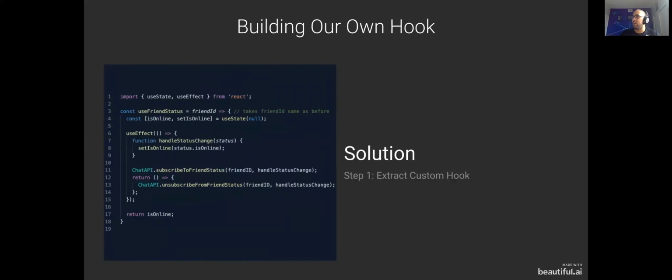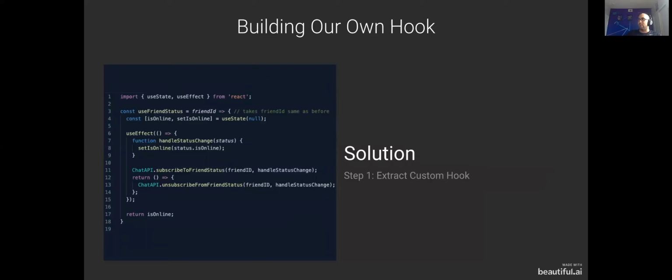So now what we are going to do with that is take that same exact logic from that one hook and turn it into its own function. It takes the same friend ID as before, and it takes all the same logic that was being used in those 2 components and puts it into its own hook function.